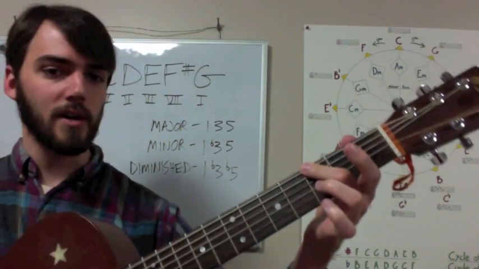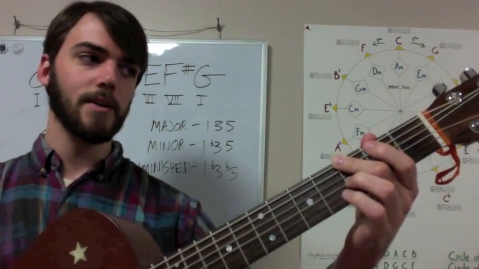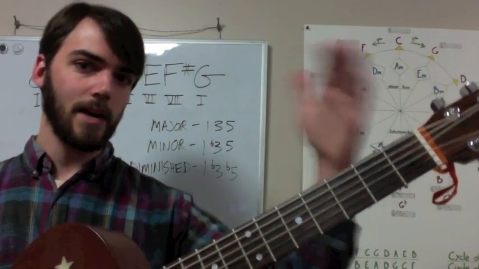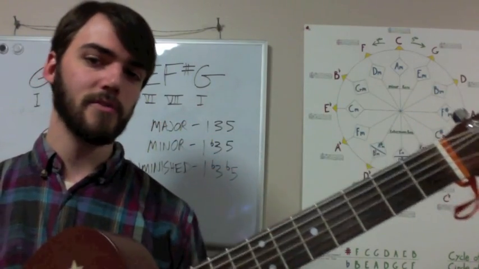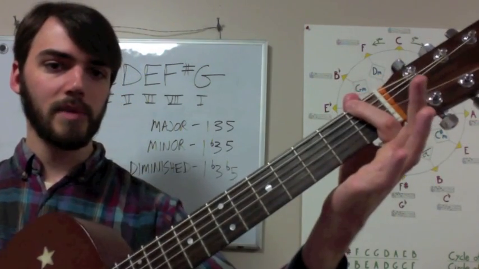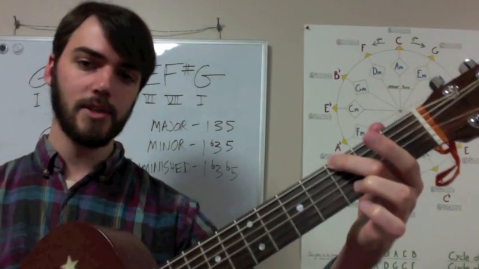Our 6th string is tuned to E, and we learned in the first lesson how to count up one half step for each fret to figure out what note we're playing. So here we have E, 1st fret would be F, then F sharp, then G. So our 3rd fret is a G note.